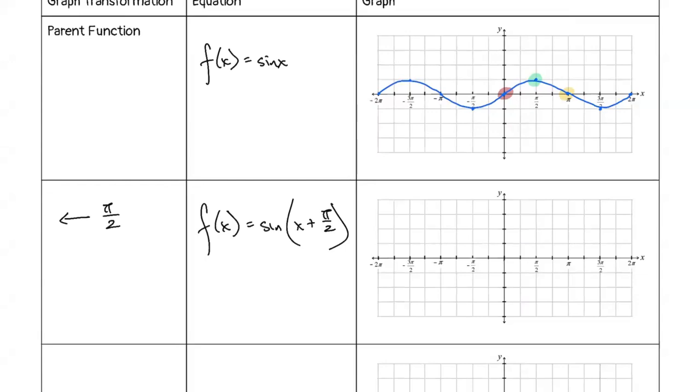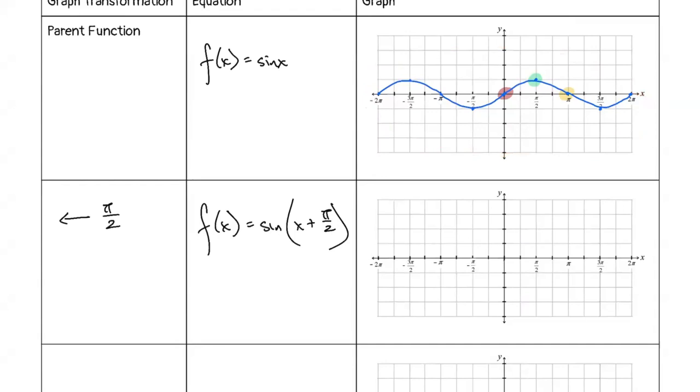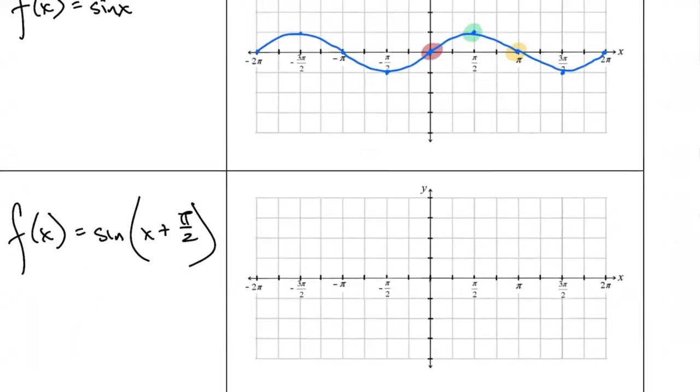Now, if we are moving to the left pi over 2, how many boxes is that in the x direction on this grid? Great. So pi over 2 to the left is 2 boxes to the left. First thing I'm going to do, I'm going to take my center point because that is my primary thing, and I'm going to move that to the left pi over 2, and I'm going to get to here.